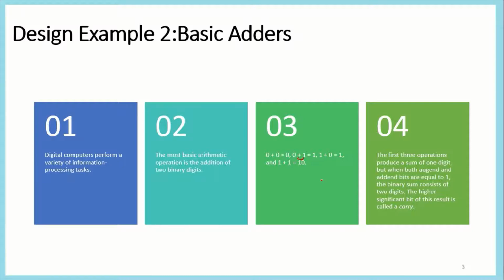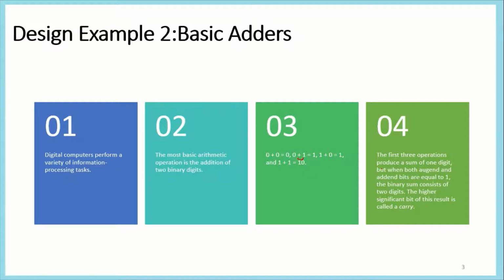The next process is the same, if the numbers have more than a single bit, say 2 binary numbers representing 3-bit numbers. What we do is we will first solve or add the first column.